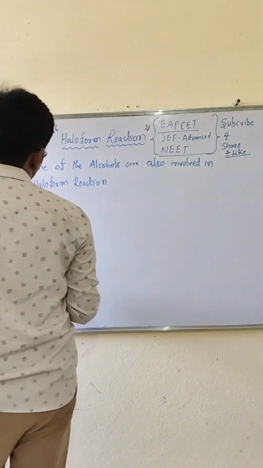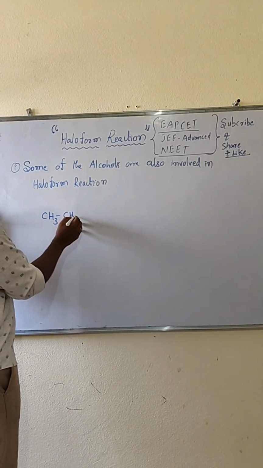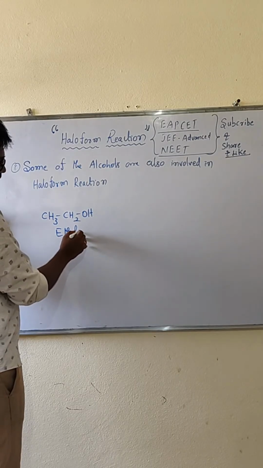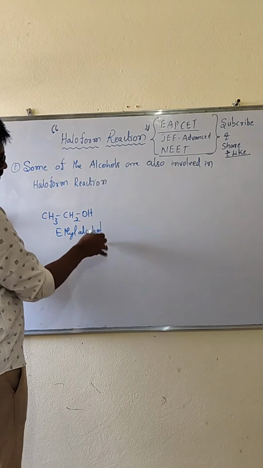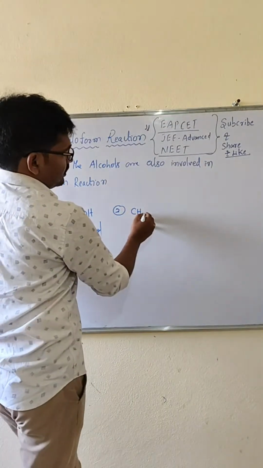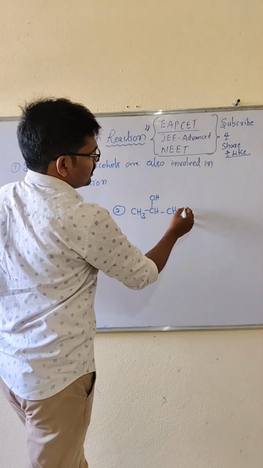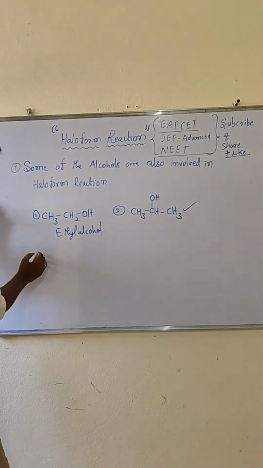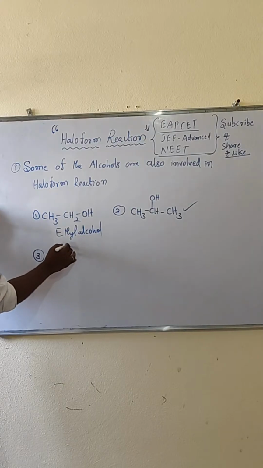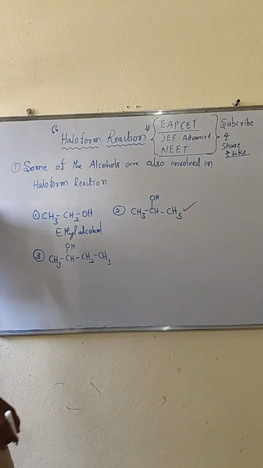So which are those involved in the haloform reaction? For example, CH3CH2OH, which we call ethyl alcohol, is involved, the first one. Then the second one, CH3CHOHCH3, even this alcohol is involved. Then the third one, CH3CHOHCH2CH3, is also involved.